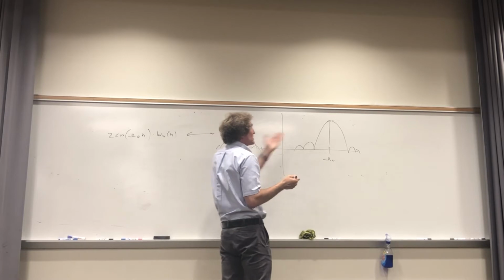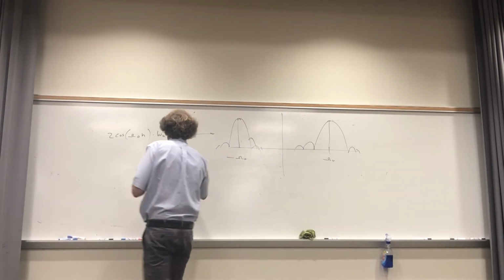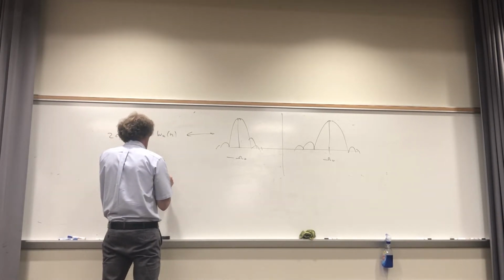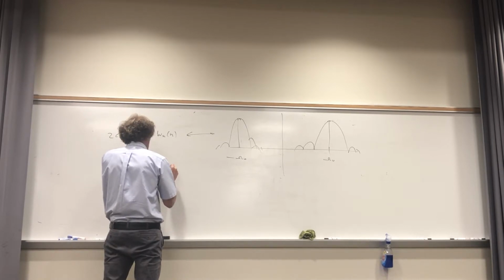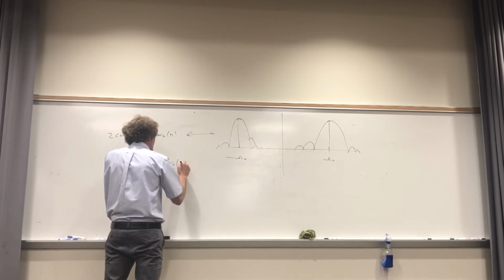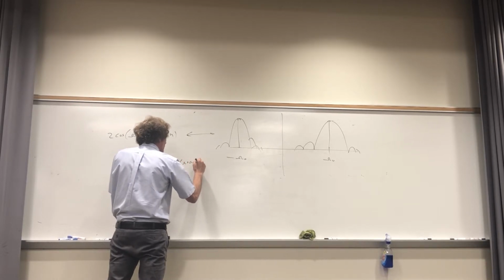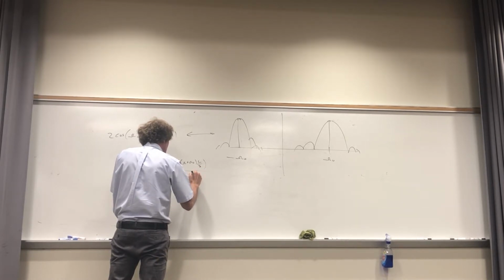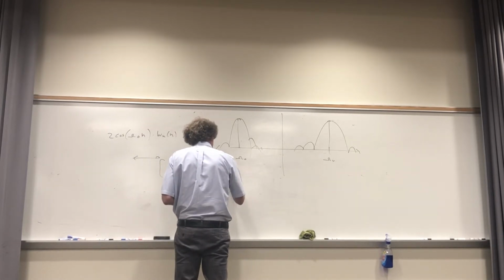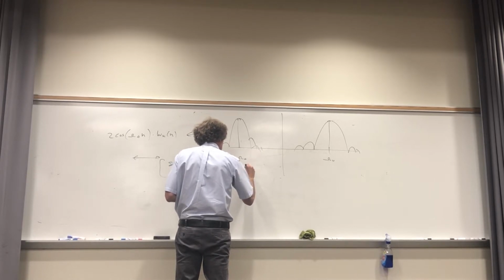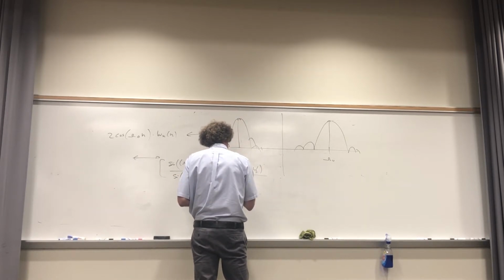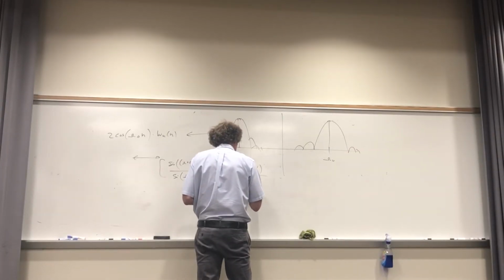Basically, what I'm trying to do is show you this. If I look at this signal and want the actual frequency domain shift, it's going to be 1/2 times 2, or just 1, times the sine of (omega plus omega naught) L over 2, divided by the sine of (omega plus omega naught) over 2, plus the sine of (omega minus omega naught) L over 2, divided by the sine of (omega minus omega naught) over 2.